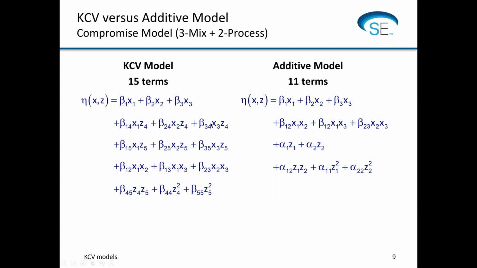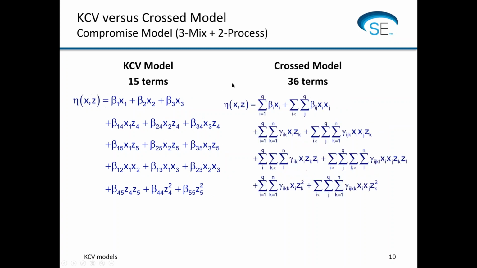Okay, so if you compare this with doing the straight additive model for 3 mixture components and 2 process factors, that would have 11 terms. This has more terms, it has 15, but not that many more. Compared to the crossed model, if I did the crossed model, it's going to have 36 terms.